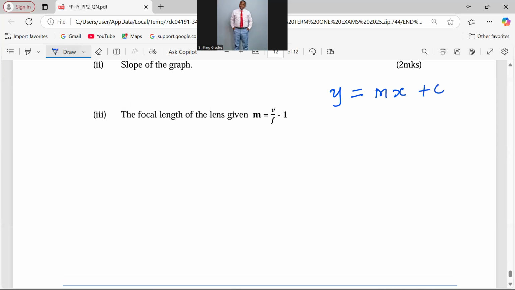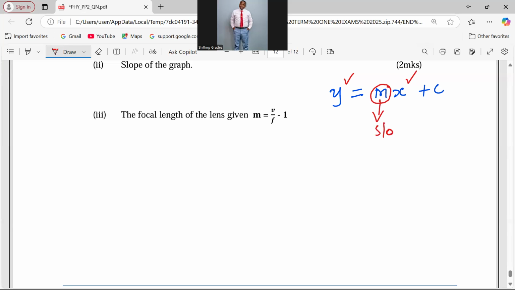If a quantity is plotted on the y-axis and another one on the x-axis, then the value just before x is the gradient, and in our case we call it the slope. Then the value of c is our y-intercept. This is a mathematical interpretation of a straight line.